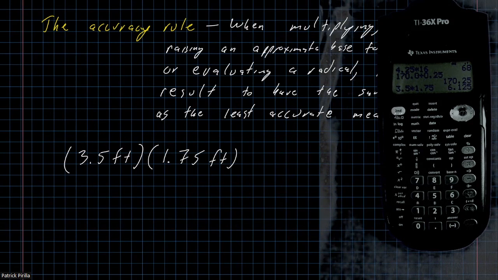But that's not the end of the story. 6.125 has 4 significant digits, and that's way too many. The numbers that I started with have 2 significant digits and 3 significant digits. The worst accuracy is 2 significant digits, so I'm going to take my 6.125 and I'm going to round it to have 2 significant digits.